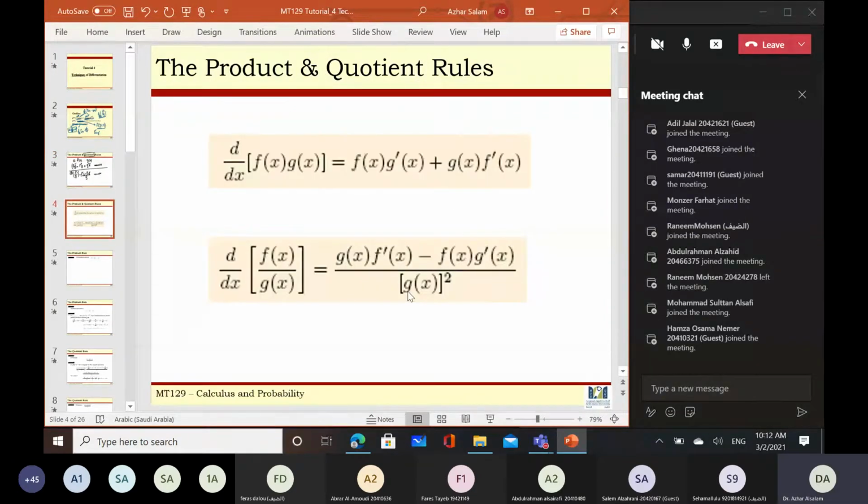In your slides, these are the rules. Of course, they are written in the same way, including the variable x. But here, they begin with the second term that we wrote.